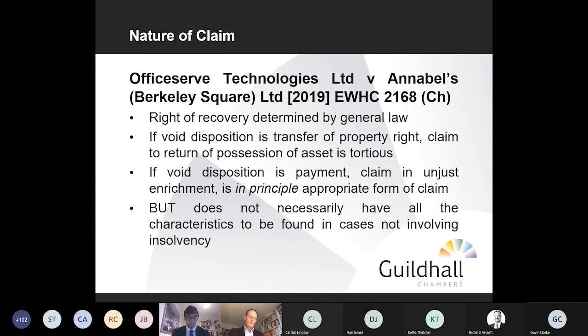So what we were able to do was issue one application against all of those respondents with one supporting witness statement dealing with our correspondence with those parties and what we had attempted to do to recover those. So obviously that makes it a much more manageable proposition, both in terms of cost and in marshalling the evidence.